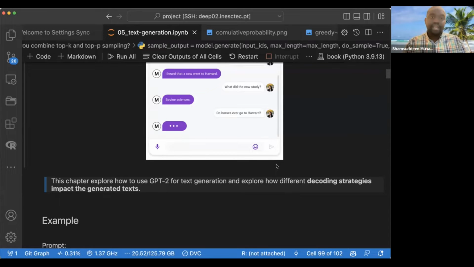So this is the essence of this chapter. Two things: first, to show how we can use Hugging Face Transformers GPT for text generation, and secondly, to explore different kinds of decoding strategies to see which one works best and which one should be used in certain situations, because some decoding strategies work best in different situations.